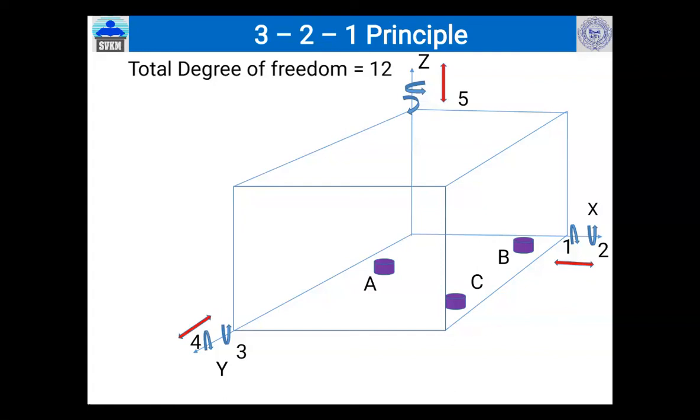Now by adding 2 more pins perpendicular on a plane of the previous 3 pins, that is pin D, pin E, in that case we can further stop 2 motions, that is z clockwise and z anti-clockwise.